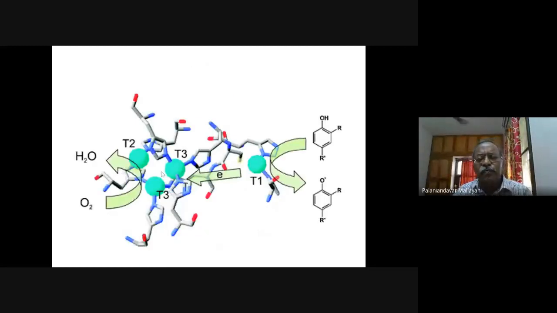So this is how we postulate that the type 1 copper site obtains the electrons, delivers them to the type 3 copper site, and then you get the conversion of O2 to water. So this is a multi-copper enzyme.